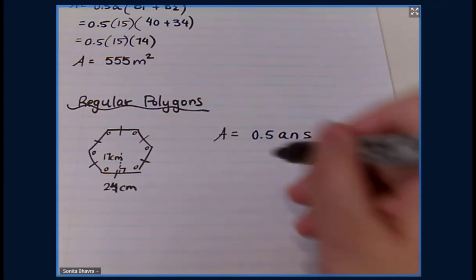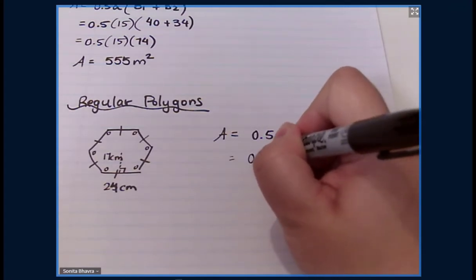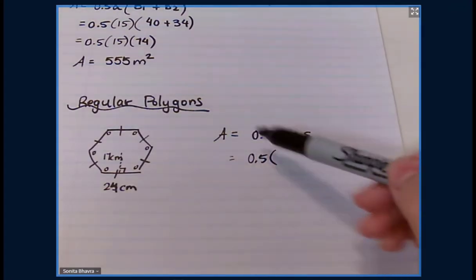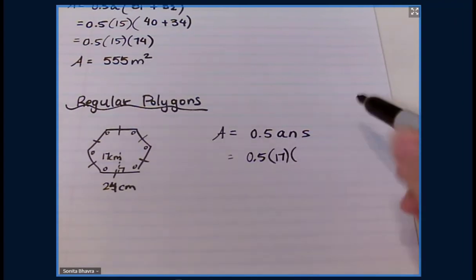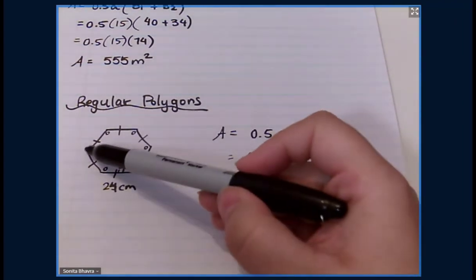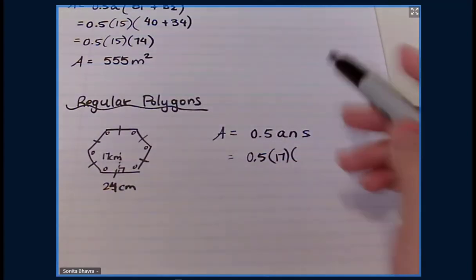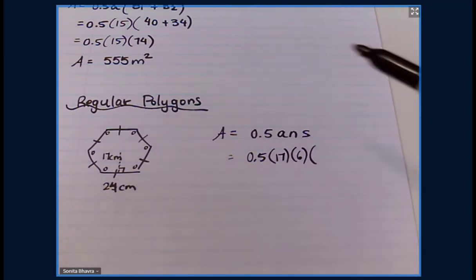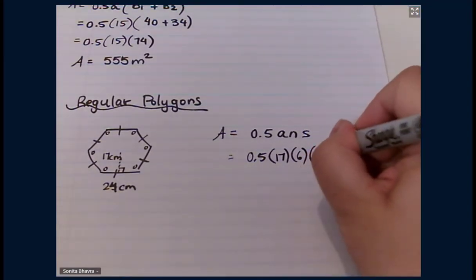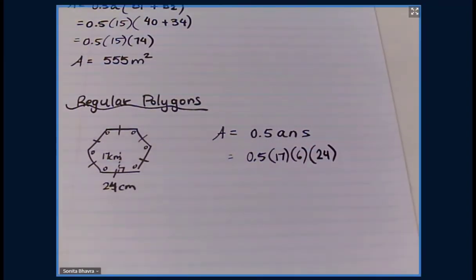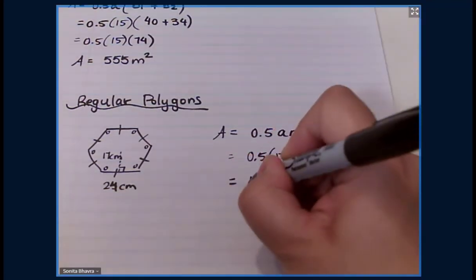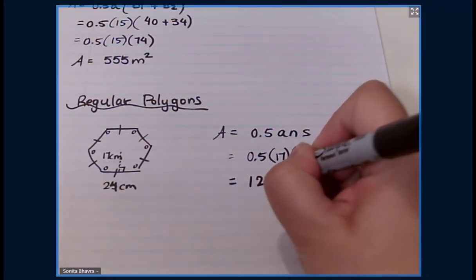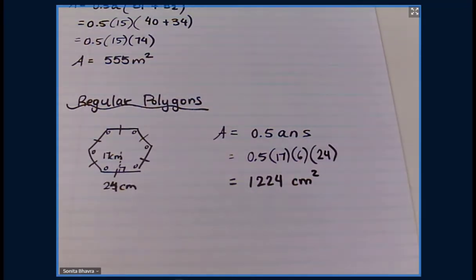So in this example, we have 0.5 multiplied by A, which is the altitude, 17. The number of sides, this is a hexagon, so 1, 2, 3, 4, 5, 6, it's 6-sided. And S represents the measurement of the side, which is 24. Then we just multiply that out. So 0.5 times 17 times 6 times 24 gives me 1,224 centimeters squared.